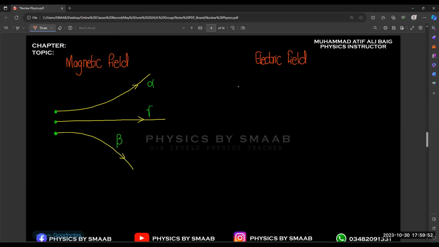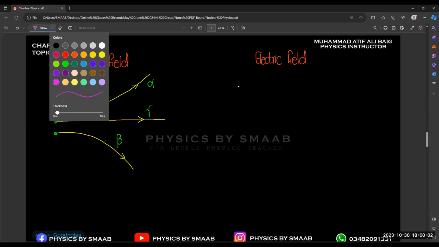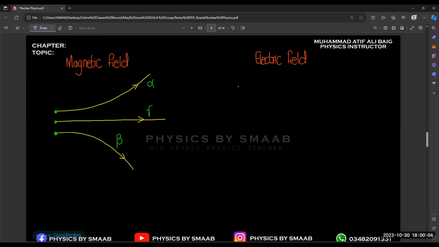And the second concept is the electric field. Basically, if you consider the electric field, let's suppose we have positive charge on the left hand side and negative charge on the right hand side.